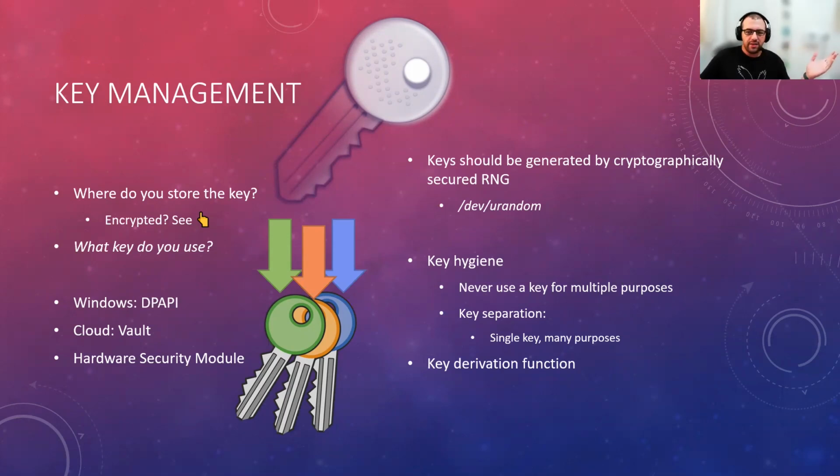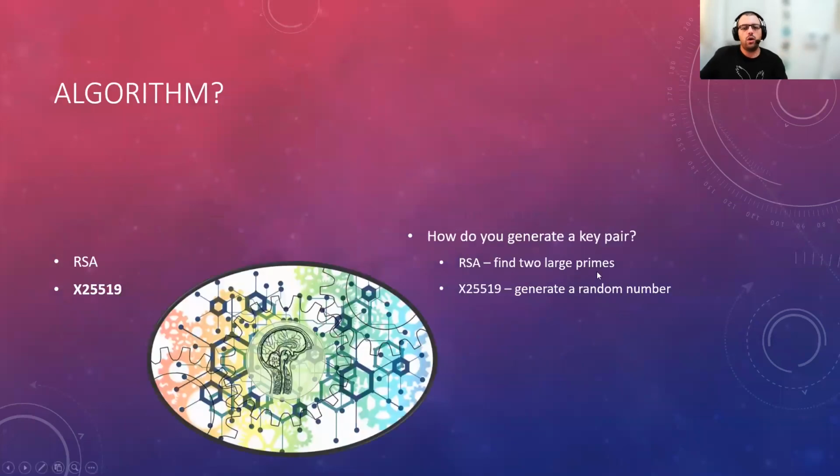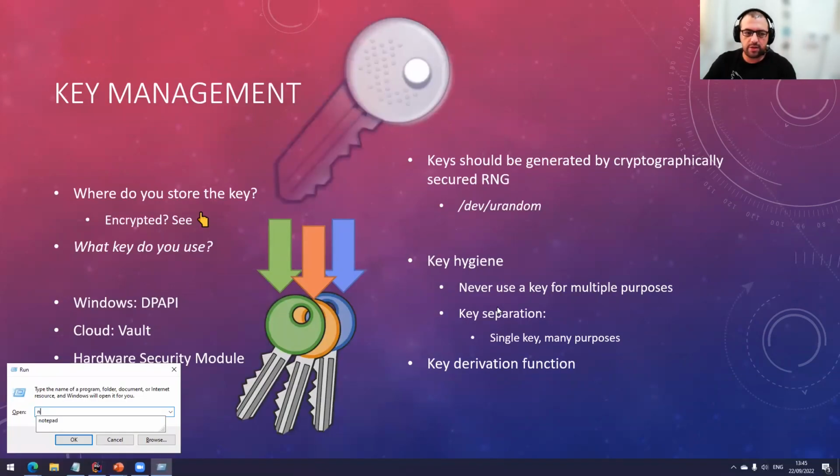Once you have the key, we have to talk about hygiene. So the first thing that we need to understand is that we never want to use the same key for multiple purposes. What does it mean, multiple purposes? Remember that the key for this one and XChaCha are both just some random numbers. So I can do something like this.